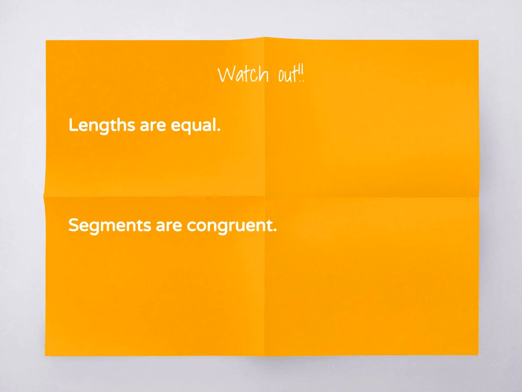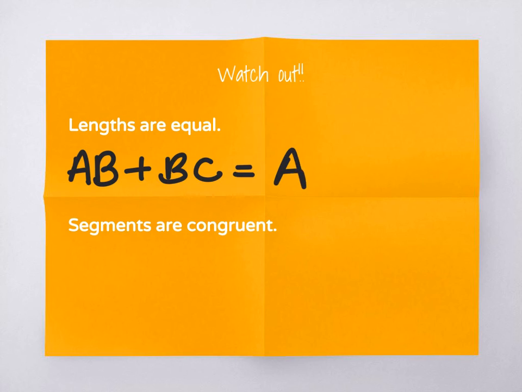A couple things to watch out for. You'll see that in all of my writings here, I'm very particular about what I'm actually writing. So when you're talking about lengths, like length AB, the length of line segment AB plus the length of line segment BC is really equal to the length of AC. Notice I did not put the little line above those two letters because I'm talking about their lengths.